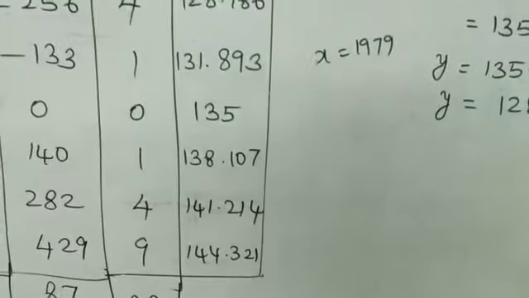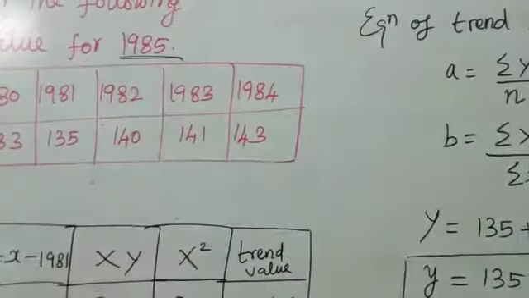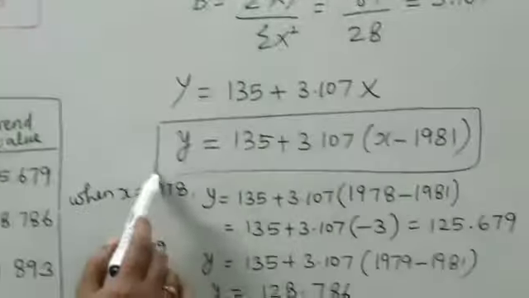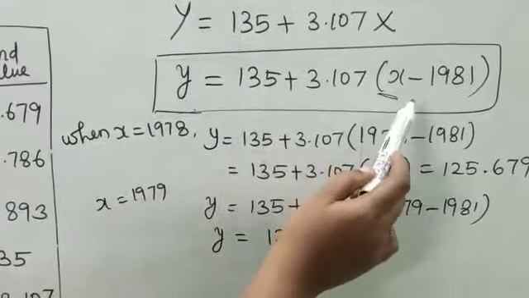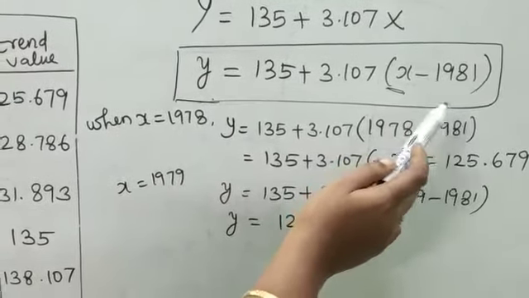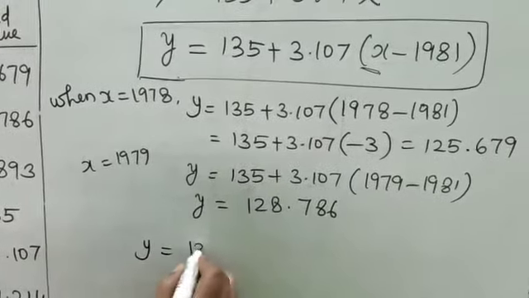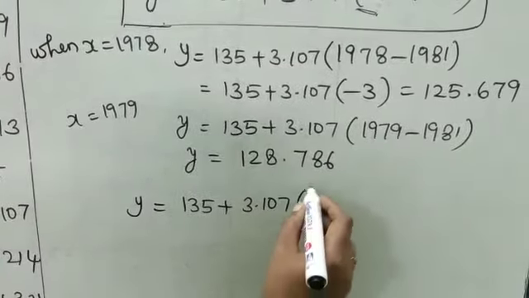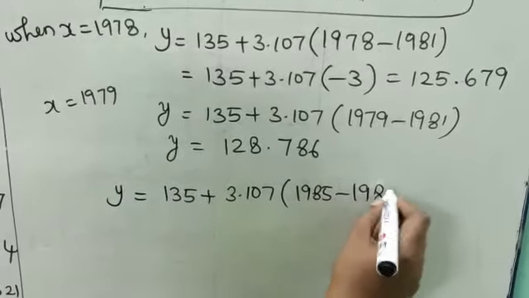But in the question they are asking for the trend value for 1985. We are going to find the value for 1985. Put x equal to 1985 in this equation. Y equal to 135 plus 3.107 into 1985 minus 1981.